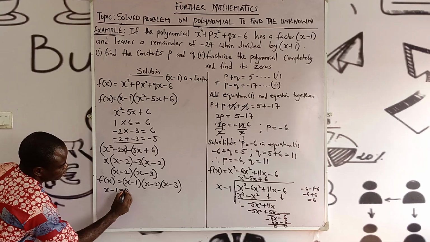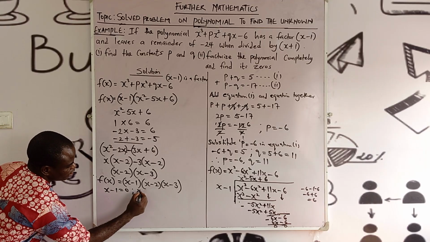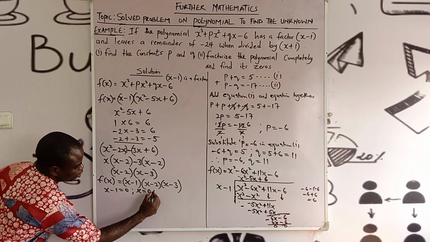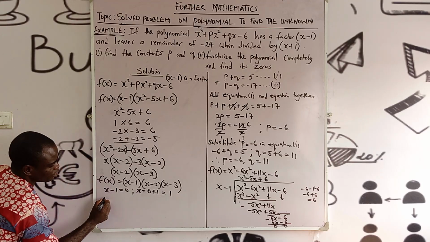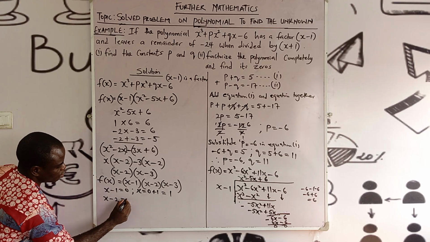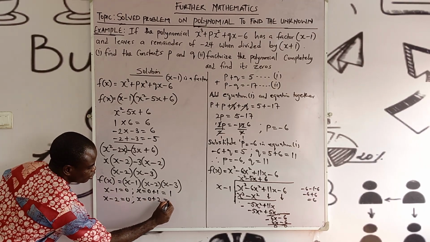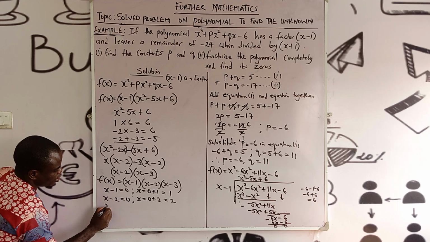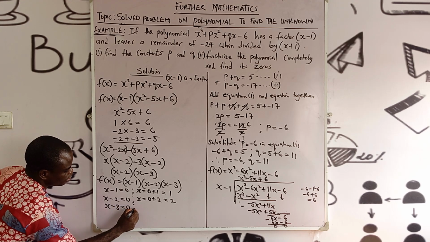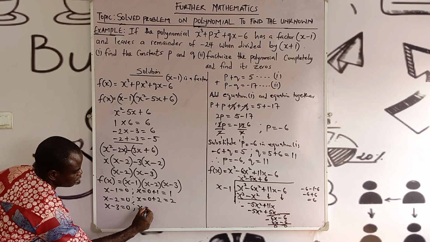x minus 1 equals 0. x equals 0 plus 1 equals 1. x minus 2 equals 0. x equals 0 plus 2 equals 2. x minus 3 equals 0. x equals 0.